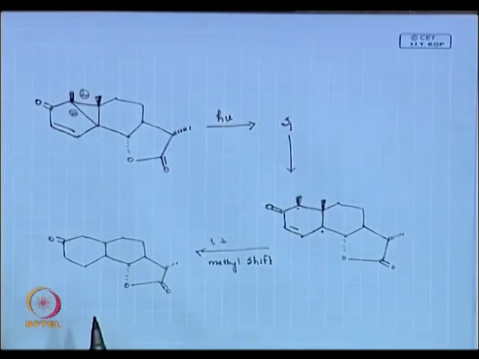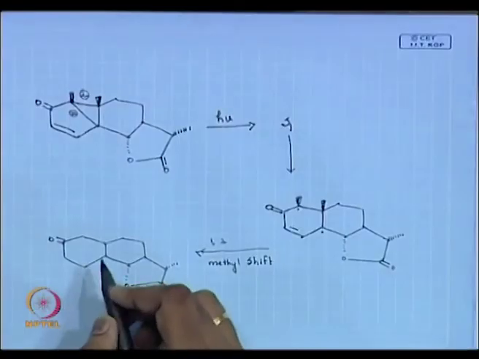We studied pericyclic reactions, which are concerted, but here we are studying radical chemistry. It is not a concerted fashion. Once your radical comes in, it is not going to be concerted. So, what happens then?